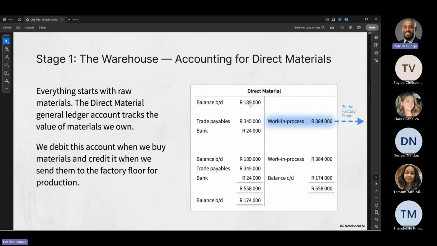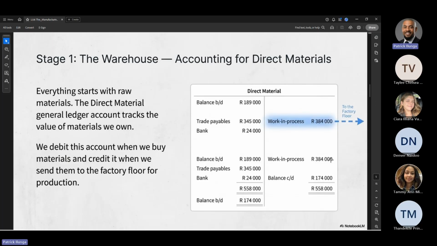So the opening balance plus what we bought this year will give us a total. From this total, though, we need to remove what will be left over, this amount here. And if we remove this amount, that's what gives you this that is remaining. It only includes what we used this year.